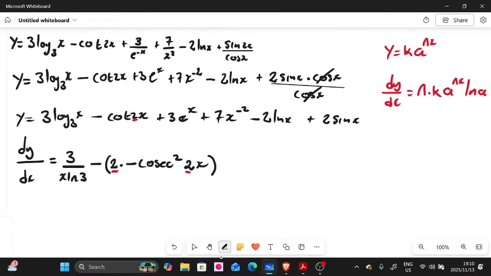That's how you differentiate this one. So let's look at our term there. We have plus there, guys. We have the coefficient of the base, which is 3. So you're going to write 3 there.